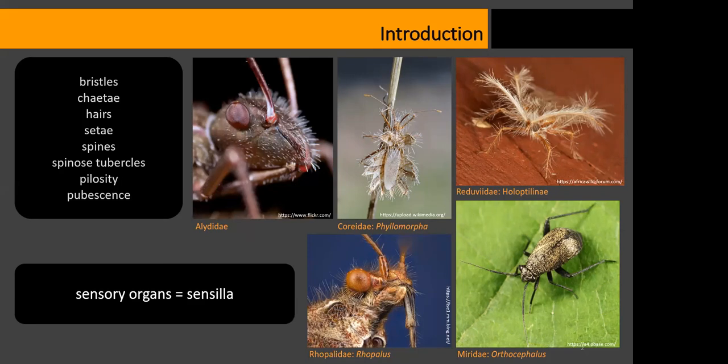Most of these structures are sensory organs, sensilla. And here we face the first problem: how to distinguish sensilla from other cuticular structures. Theoretically, it is simple. A sensillum is characterized by having at least one neuron that is absent in non-sensory organs.